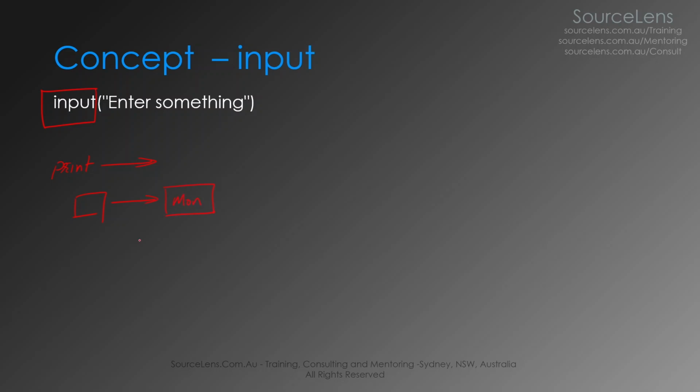So print is giving output to the monitor. Whatever we are printing, it is coming into the monitor. Now input, like the name says, takes an input value from the keyboard to the program. So it is the other way. So let's see that in a demo.